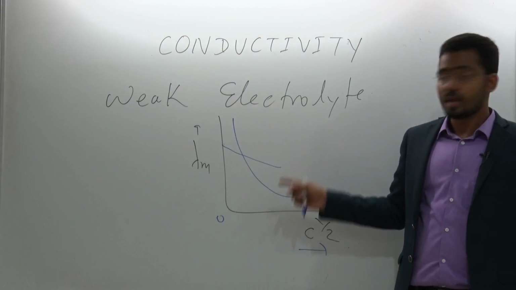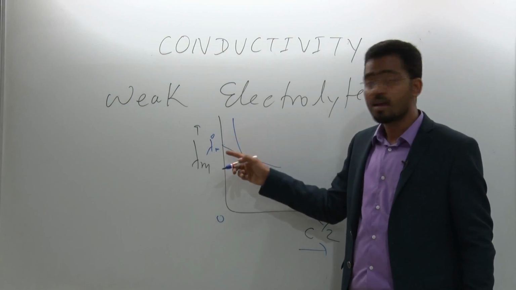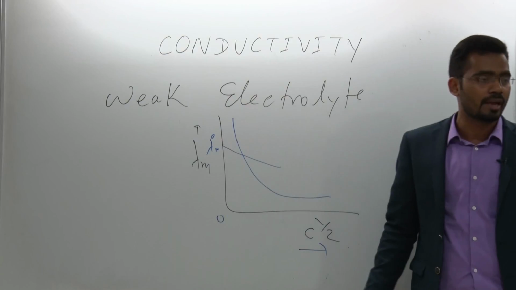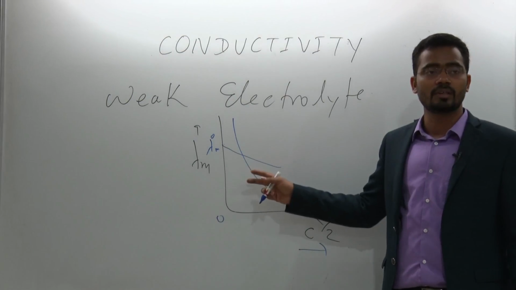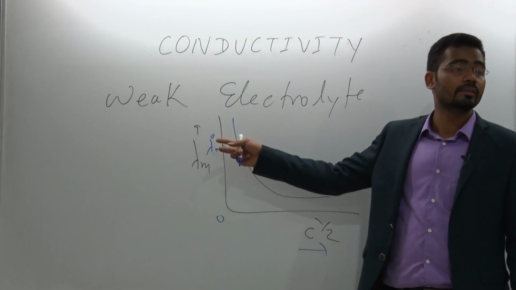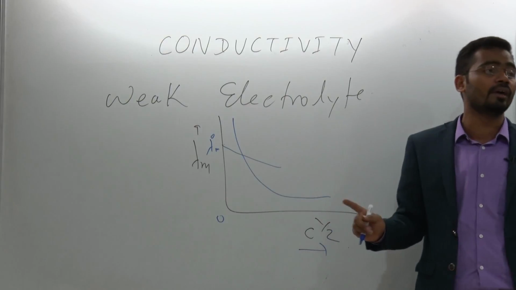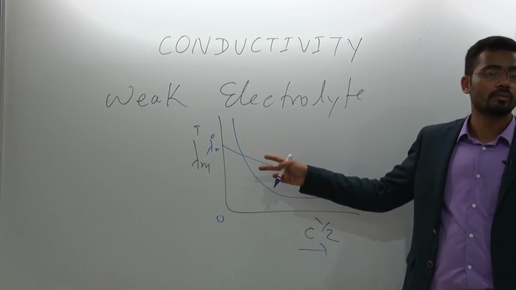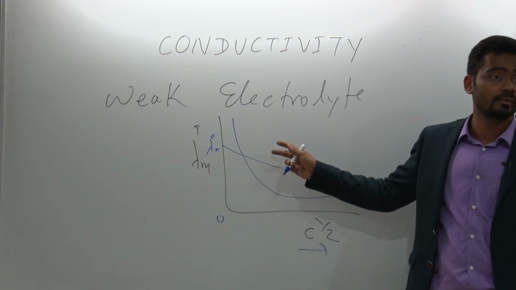Clear? You can calculate this value. This is called lambda naught, that is the maximum conductivity of a strong electrolyte. But you can't calculate the maximum conductivity of a weak electrolyte from this curve. That is called the limiting conductivity.